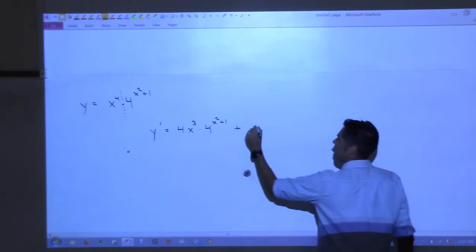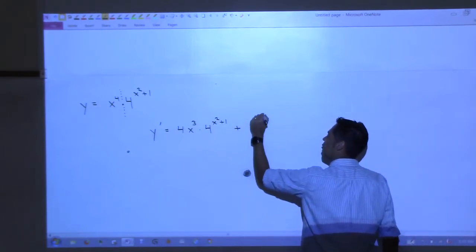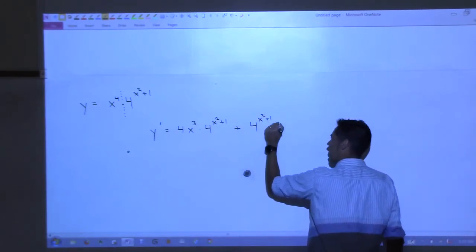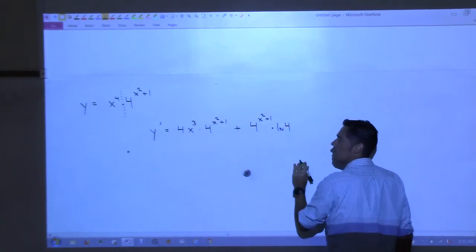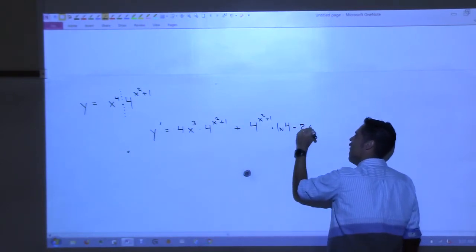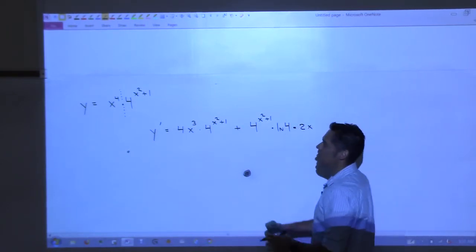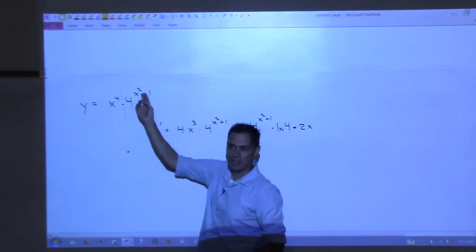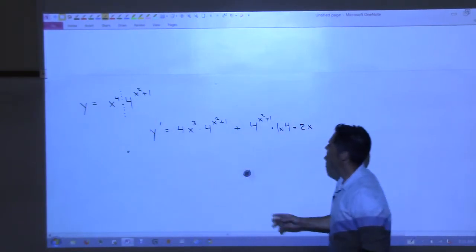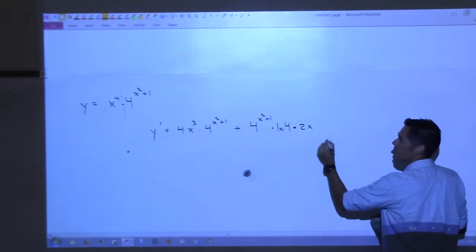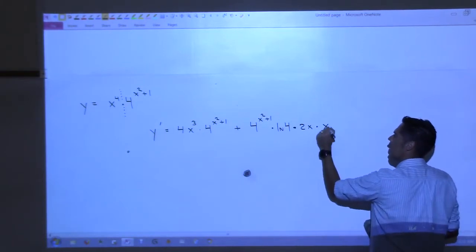So now the derivative of 4 raised to the x squared plus 1 is itself, 4 raised to the x squared plus 1, times natural log of 4 times 2x. That is just the derivative of 4 raised to the x squared plus 1. Finish off the product rule, though, times x to the fourth.